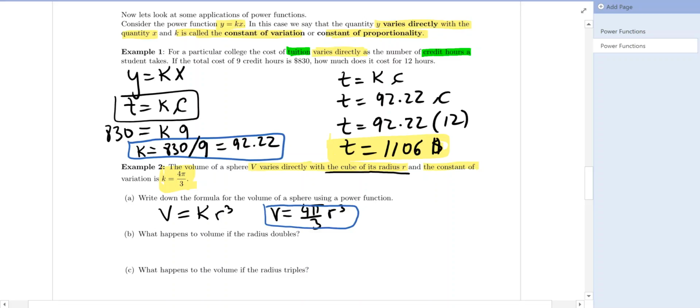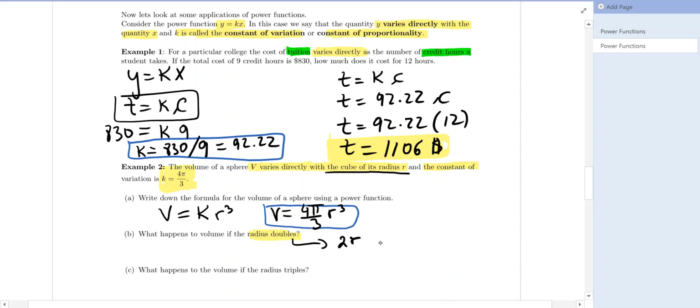Now, what happens to the volume if the radius doubles? One might think intuitively, oh, if I double the radius, the volume is going to double. But that's not what takes place. If the radius doubles, instead of r I would have 2r.